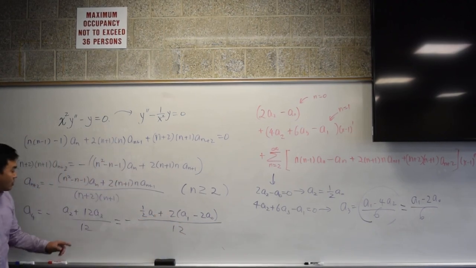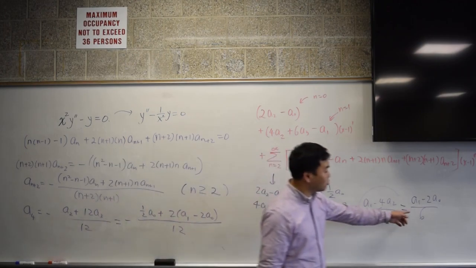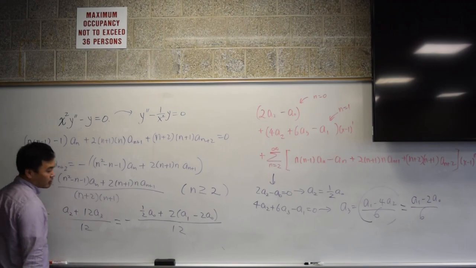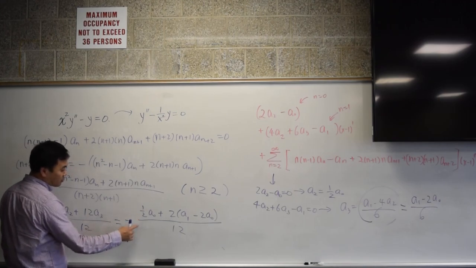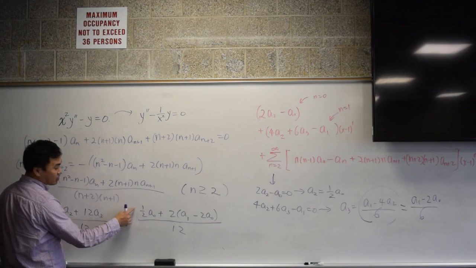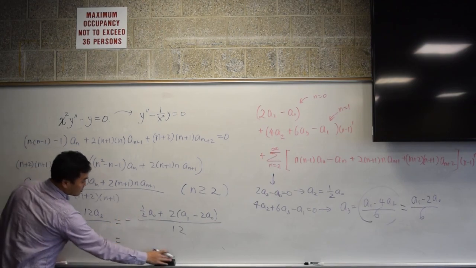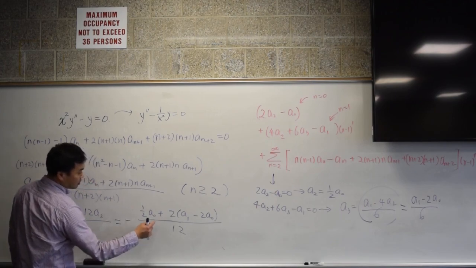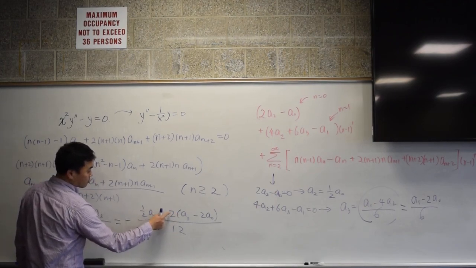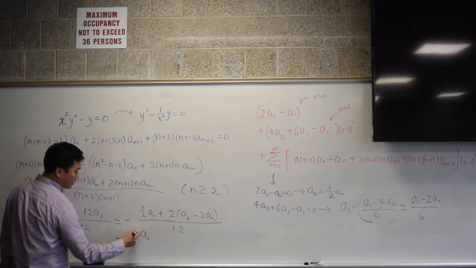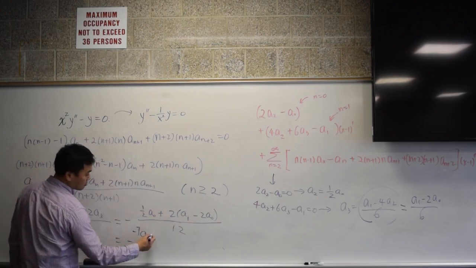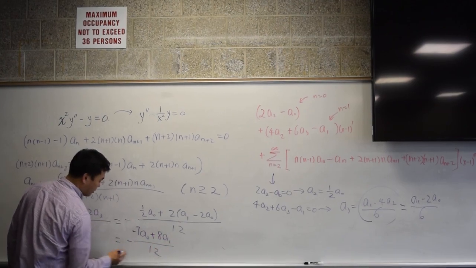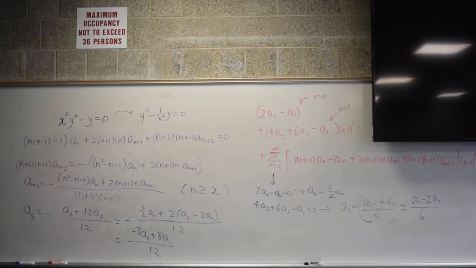The reason I get 2 is because 12 divided by 6 gives you 2. That's where I got this 2. And then if I further simplify it by dividing and multiplying 2 top and bottom, I get minus a0. Let's see. 4 times negative 7 a0 plus 8 a1 over 12. That's what I get.